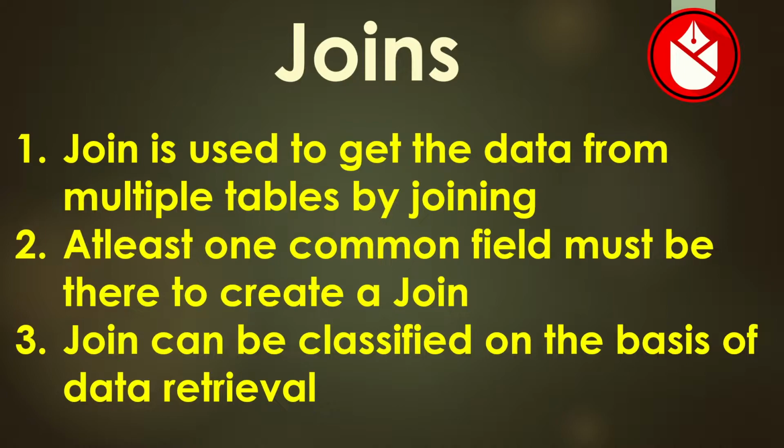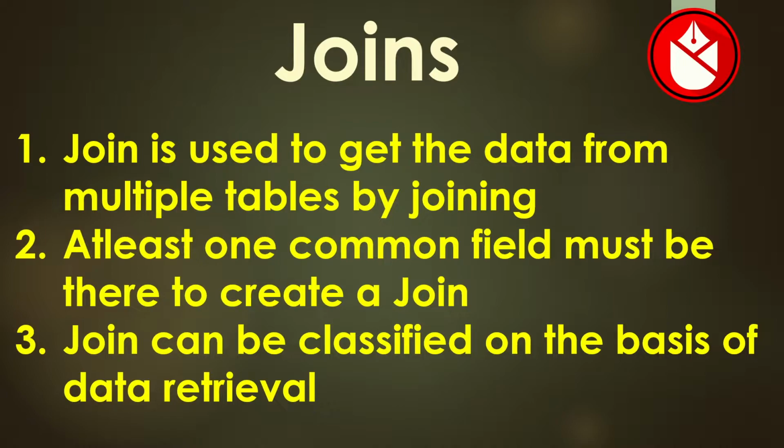For example, suppose there are two tables, employee and department. In the employee table, each employee is connected with a department number, but there is no department name in the employee table, whereas the department table contains department number and department name.